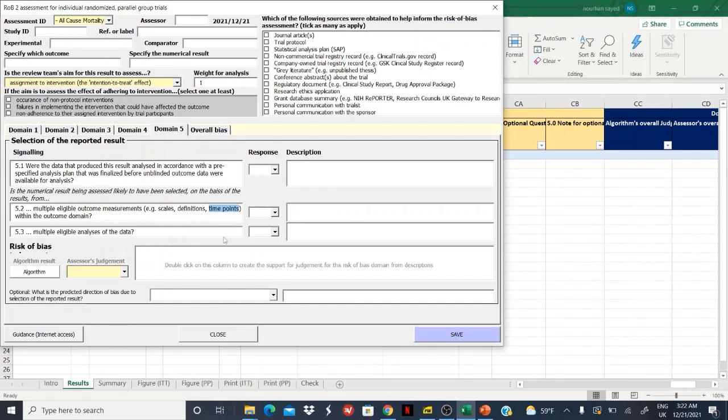And the final point, which is the multiple eligible analyses of the data, concerns scenarios where they could have used different models. So in our case, they pre-specified a Cox proportional hazards model, and that's the model that they actually ended up using in the paper.